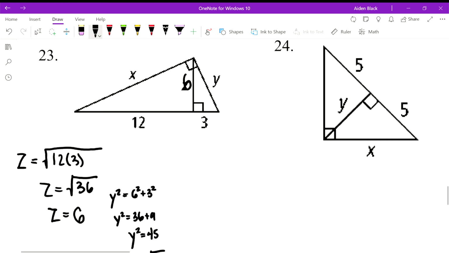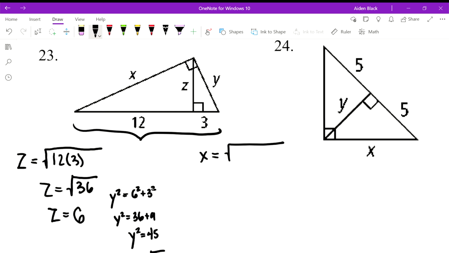Okay, finally, we're just going to use the formula to find x. And all the formula is the hypotenuse, so 12 plus 3, times the corresponding segment of the hypotenuse. So since we're finding x and it's on the left side here, we want to stay on the left side.